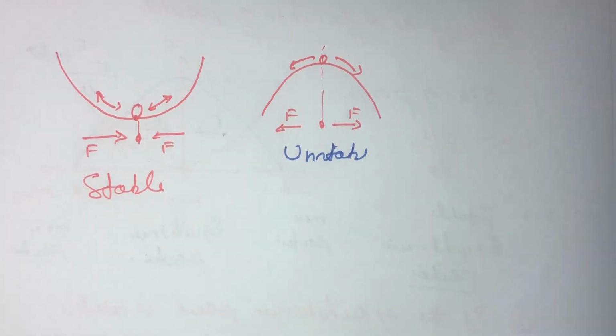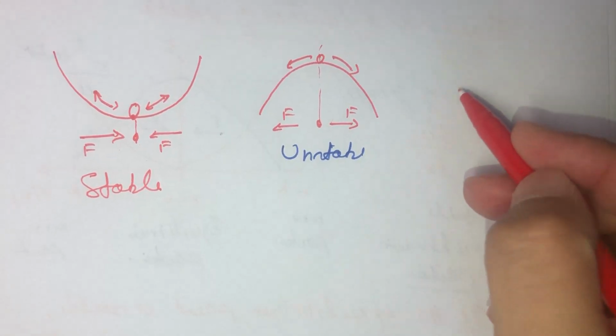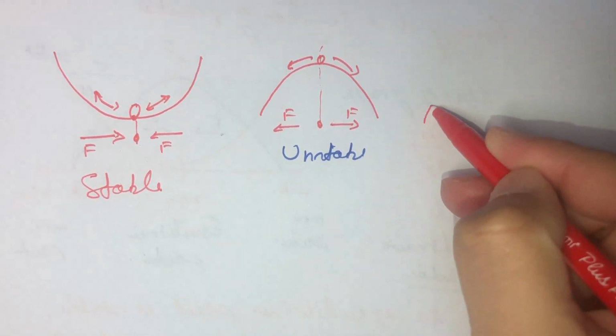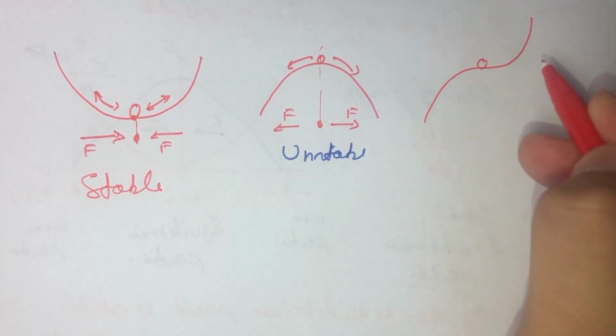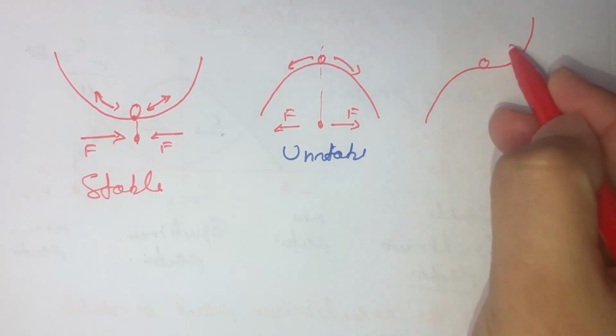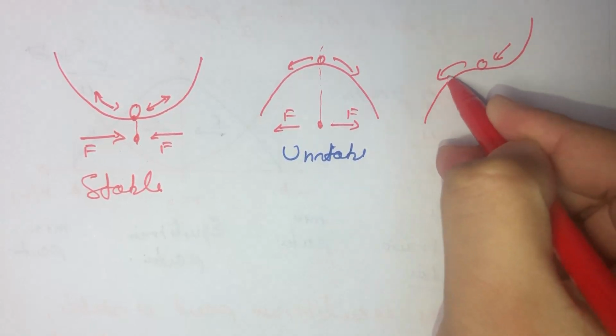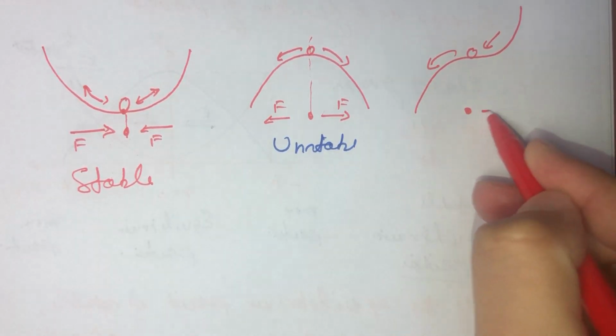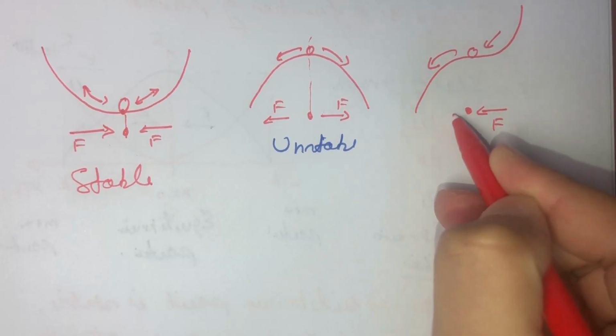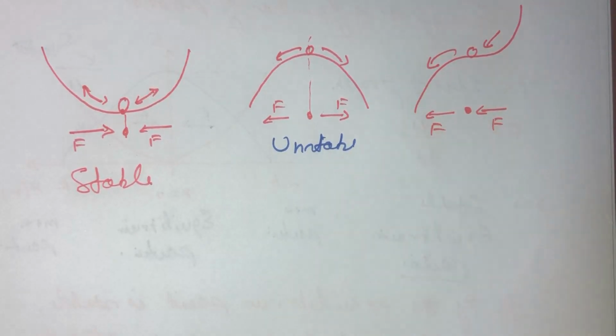And there is a half stable, which can be drawn something like this. So we have an object, and the forces will be acting in this direction and in this direction.